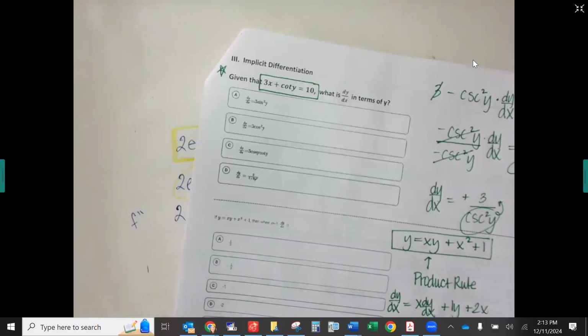Y'all take one. That is kind of weird that it said that. Okay, y'all take a rule sheet.